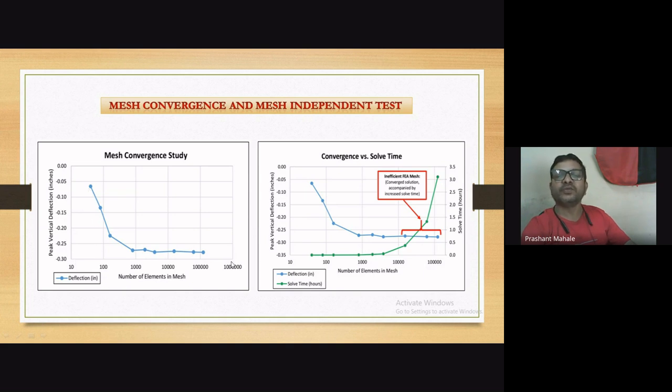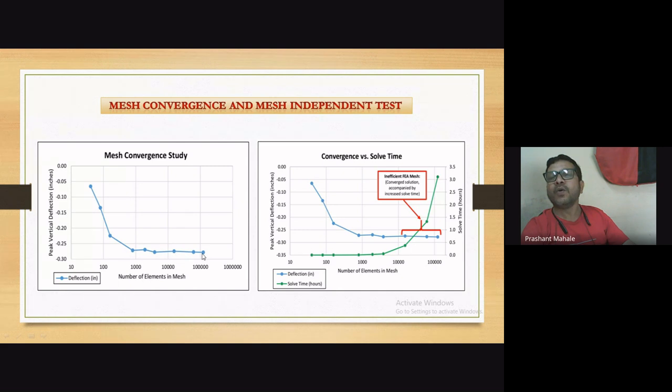On the x-axis we have the number of elements, not nodes, that go on increasing, whereas in the y direction we have the deflection, that is the result. The result in the case of fewer nodes is somewhere here, which goes on decreasing like this, and then it takes a horizontal line because it is converging here. These are very near values.